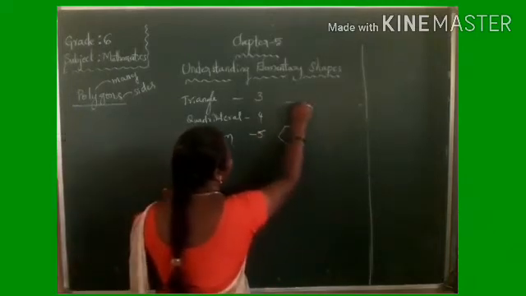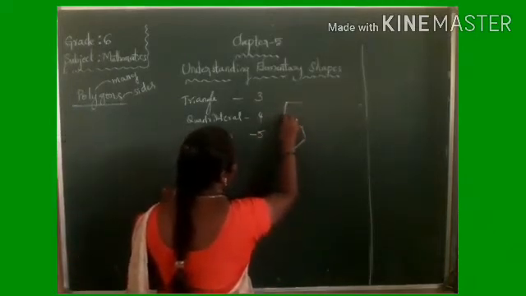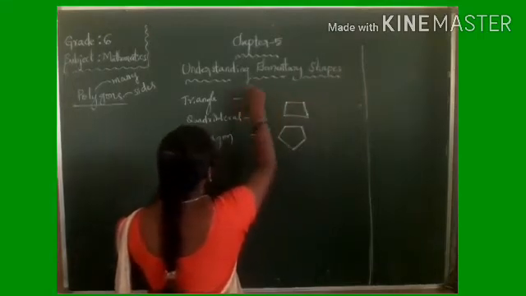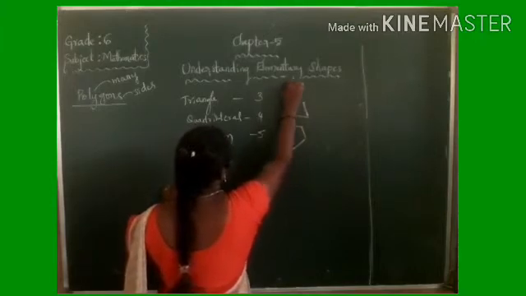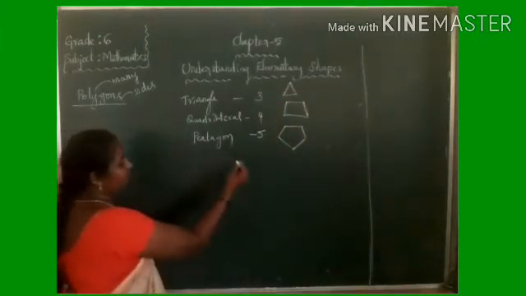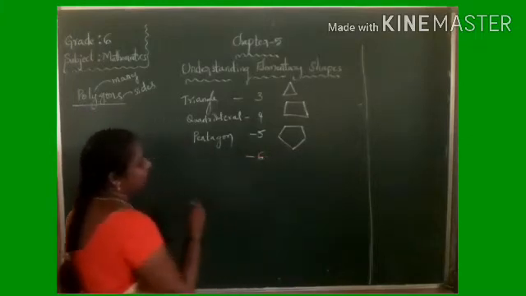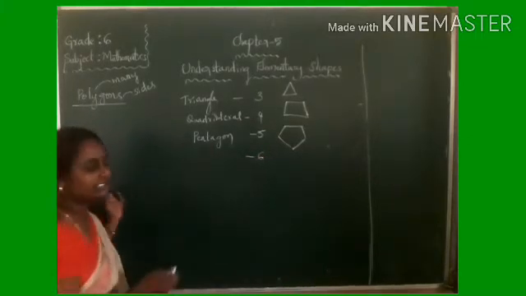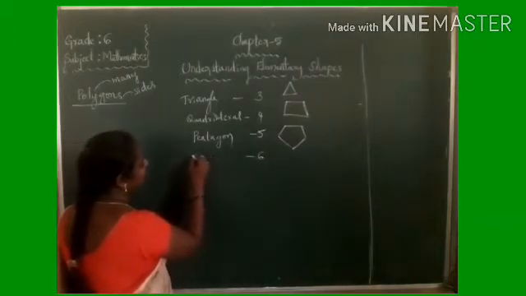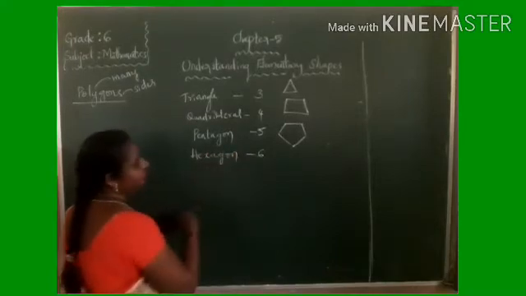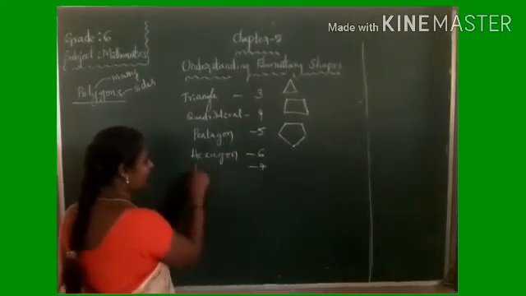So quadrilateral you have seen in the last class, and the triangle is this one. Suppose if more than 5, that means 6 sides. If a 6 sides figure contains, what is the polygon name? Yes, 6 sides means hexagon. 7 sides, heptagon.